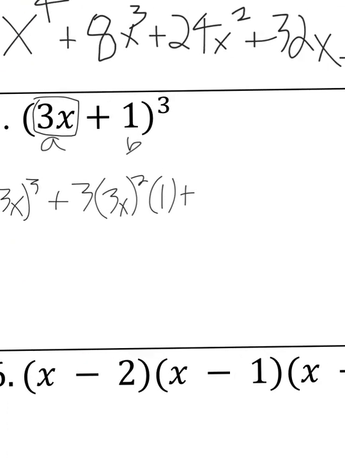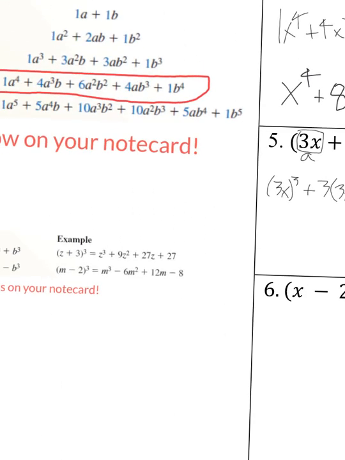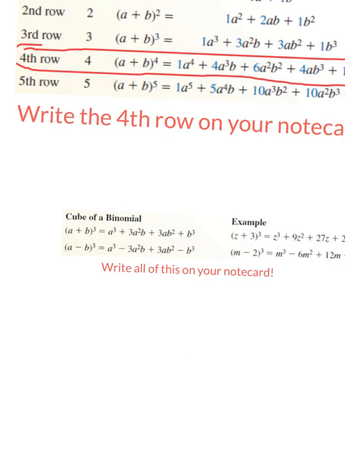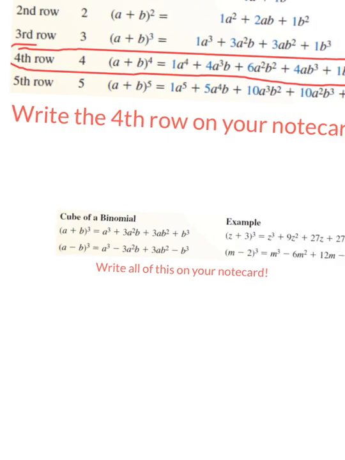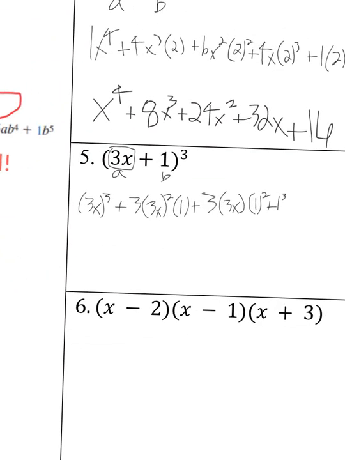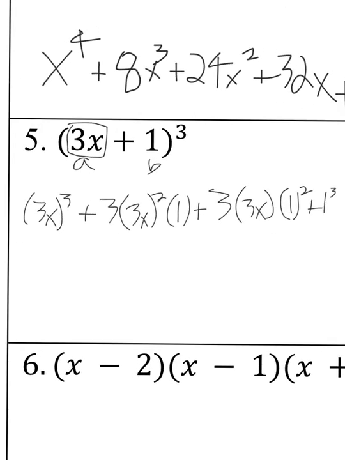So 3ab squared would be 3, and a is 3x, and b squared is 1 squared, plus, and it said b to the third, so that's 1 to the third. Right? Did I make any mistakes? Doesn't look like it. Alright, so now we're going to simplify.